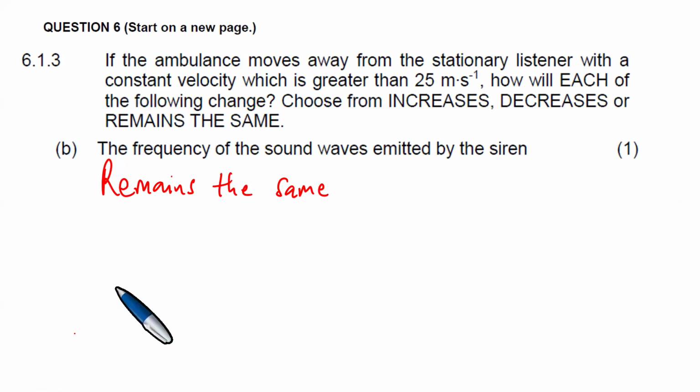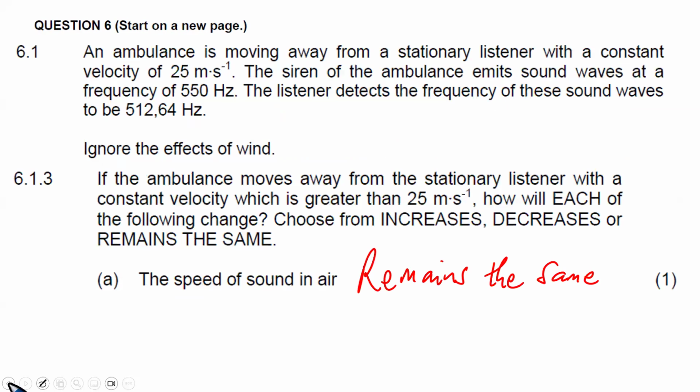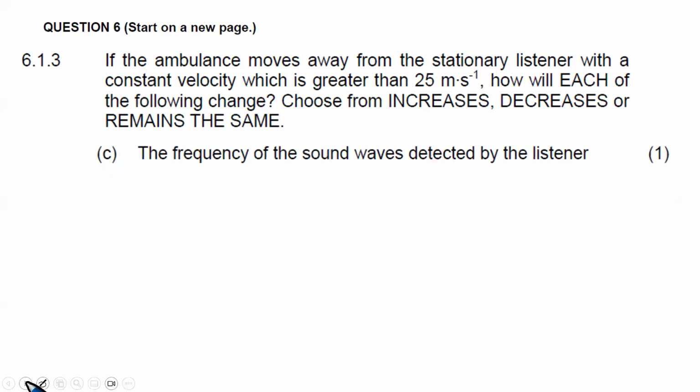What we're told here is that the ambulance moves away from the stationary listener with a constant velocity which is greater than 25. The frequency of sound waves detected by the listener: because it's moving at twice the speed, the frequency detected by the listener decreases.